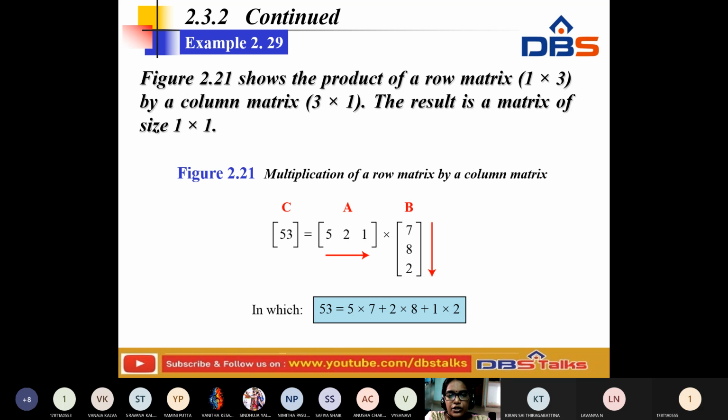So 5 into 7 is 35, plus 16, plus 1 into 2, the result will become 53.